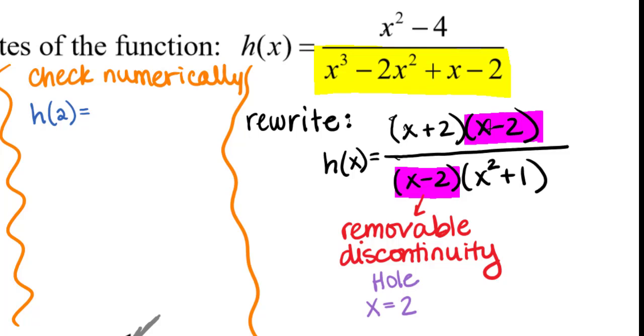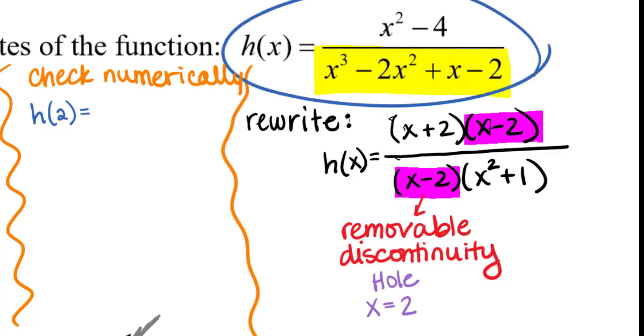So if you think you have a vertical asymptote at that x value that you found, a positive 2 here, then that's what we're going to substitute in and check. So h of 2, and again, go back to the very original h function. So go back up. So that would be 4 minus 4 all over 8 minus 8 plus 2 minus 2.